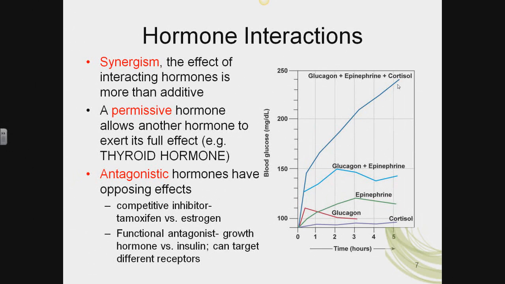Another example of antagonistic actions would be between estrogen stimulating a receptor, say, on a cancer cell in the breast, maybe a cancer cell that feeds off of estrogen.